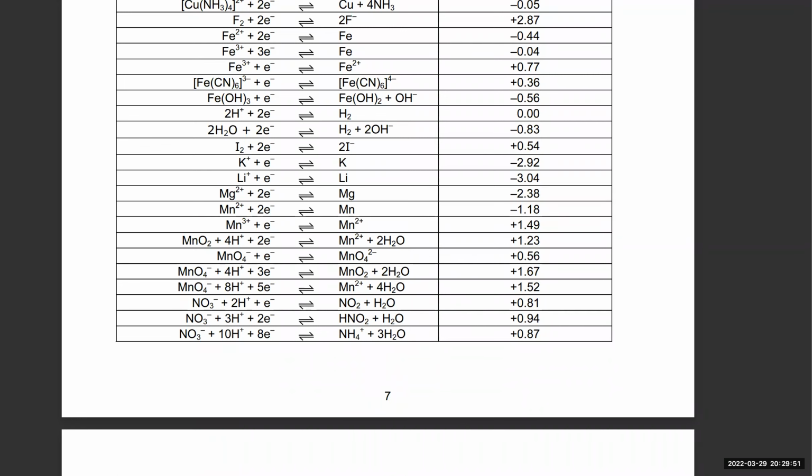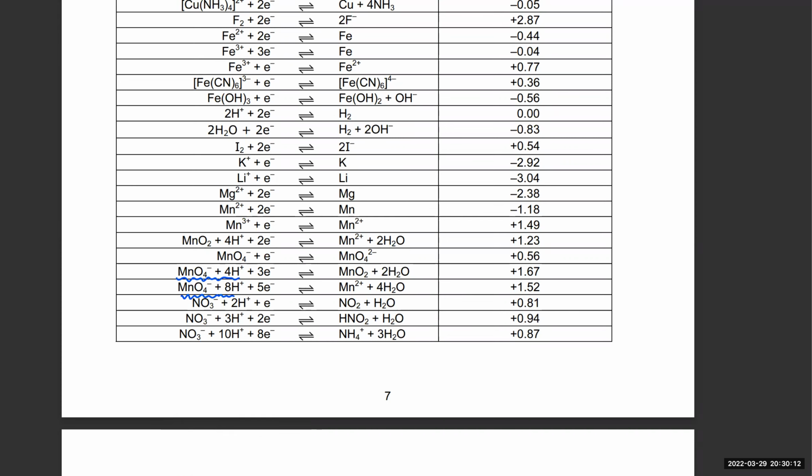Manganate 7 is MnO4 minus 1. So there is this one, that's manganate 7 ions acidified. That's another one, and I don't think I have manganate ions over here, but not acidified. So I'm going to leave that. So these two are my prime equations.